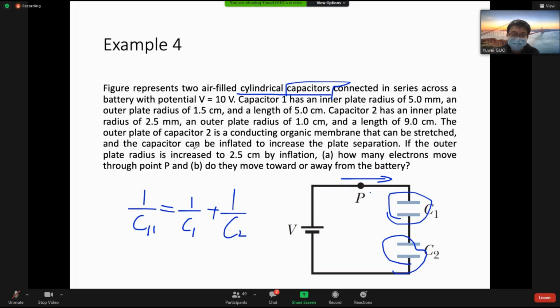When you meet the inflation, you need to reach a new balance, so the capacitance should change, and you need to calculate the change in the total capacitor, and get the total charge difference, and then we can figure out the way they move towards or forward through the point P.